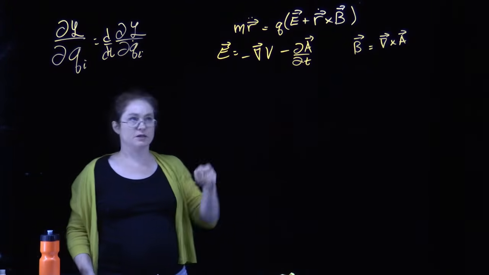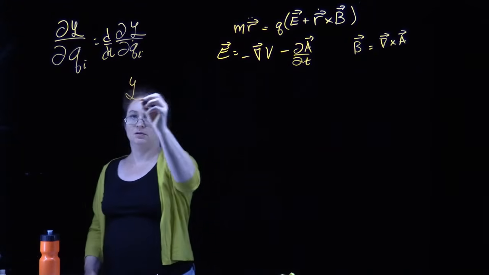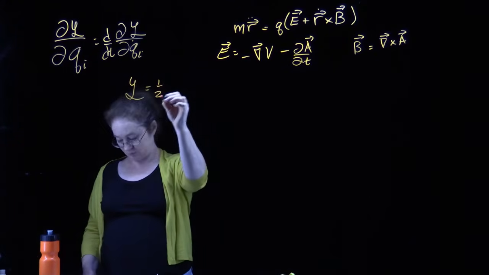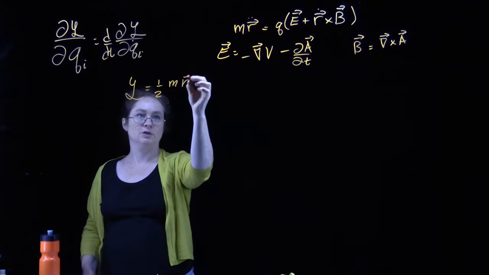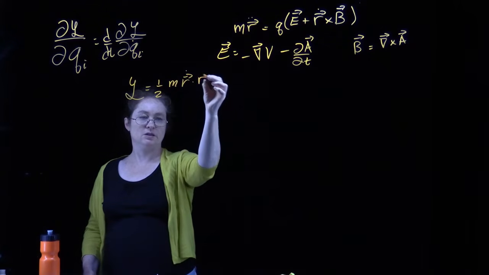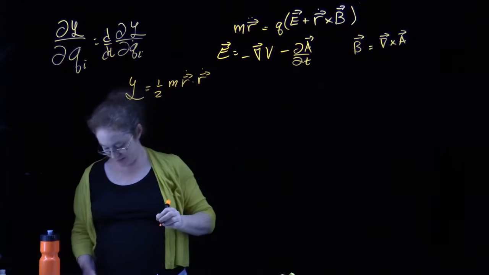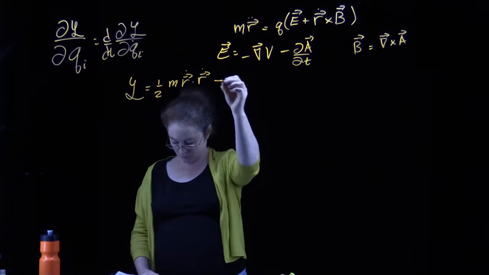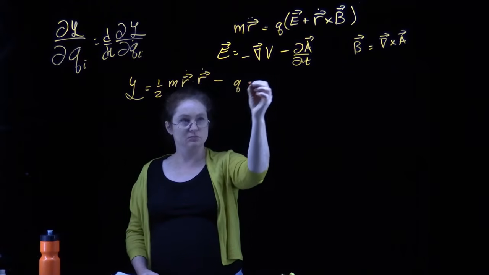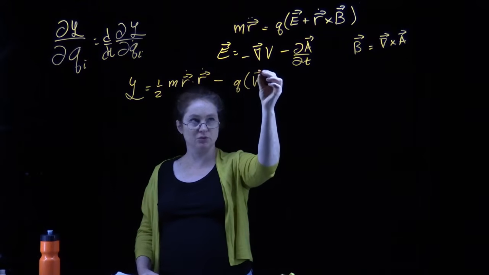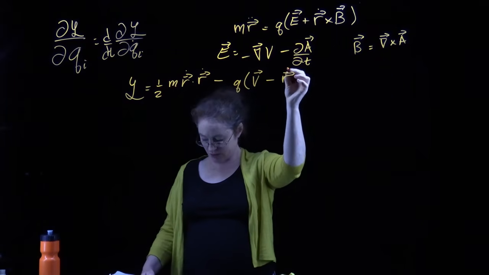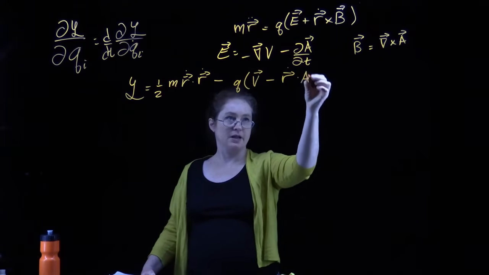And then we're going to test this Lagrangian. This looks familiar. This is just 1/2 m v squared minus q (V minus r dot A).